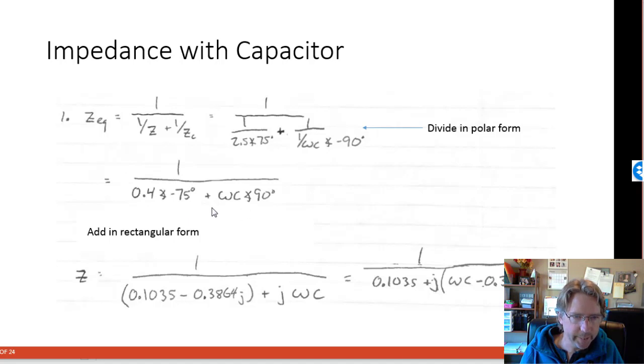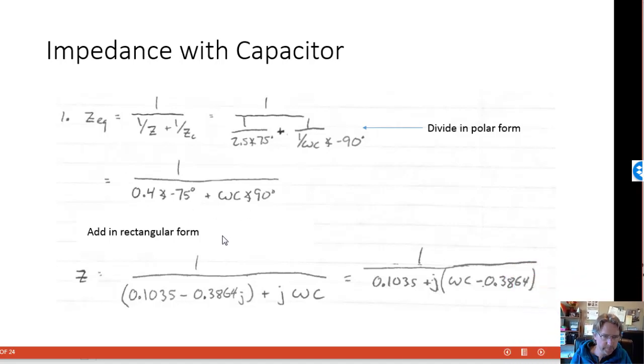We have to add these now, so we want them in rectangular form. So that goes down here. So 0.4 with a phase of minus 75. This is 0.4 times cosine of negative 75. This is 0.4 times sine of negative 75 times j.